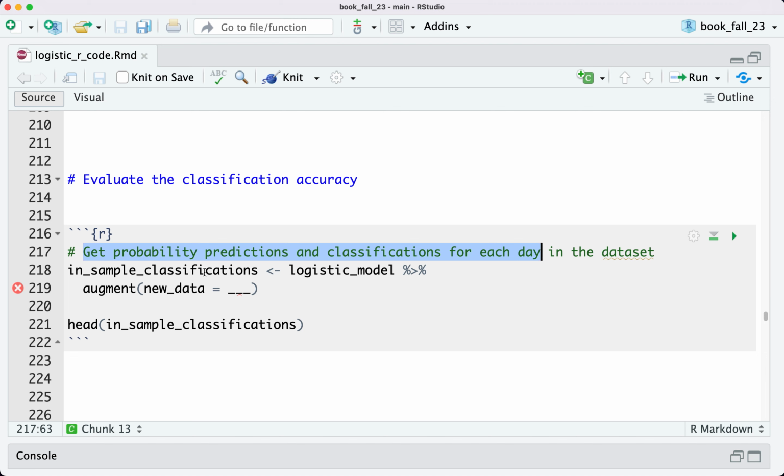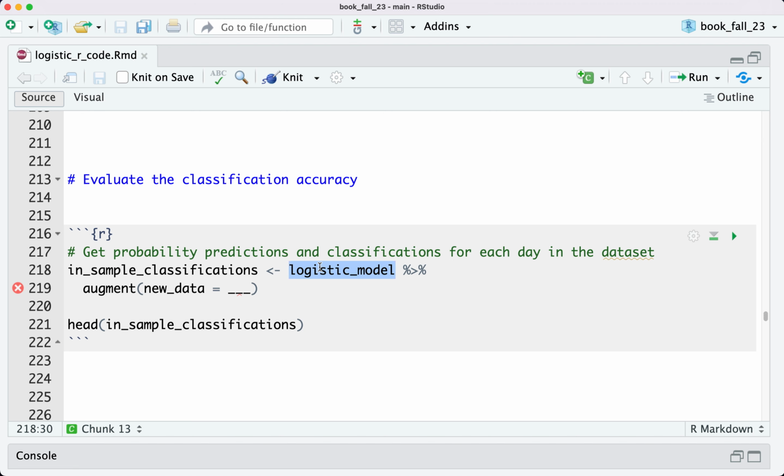So we'll store these predictions as our in-sample classifications. In-sample because right now we're going to use our logistic regression model to make classifications and predictions just for the days in the same sample data that we used to build the model.